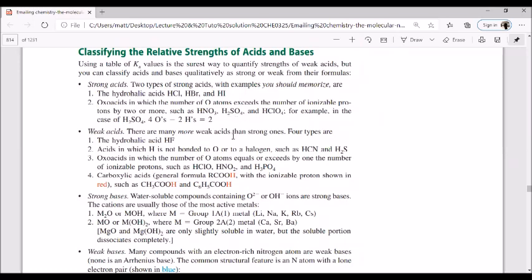Phosphoric acid, H3PO4, is considered a weak acid because it has 3 hydrogens and 4 oxygens. 4 minus 3 is 1, so phosphoric acid is a weak acid.